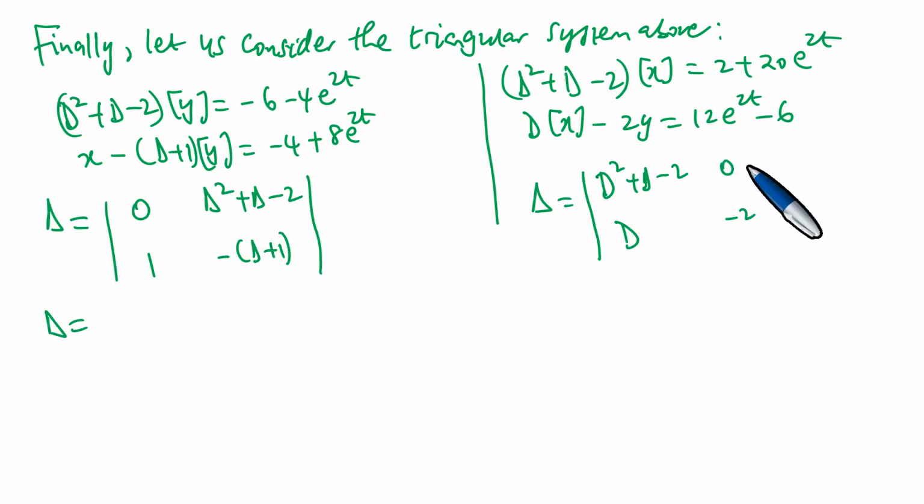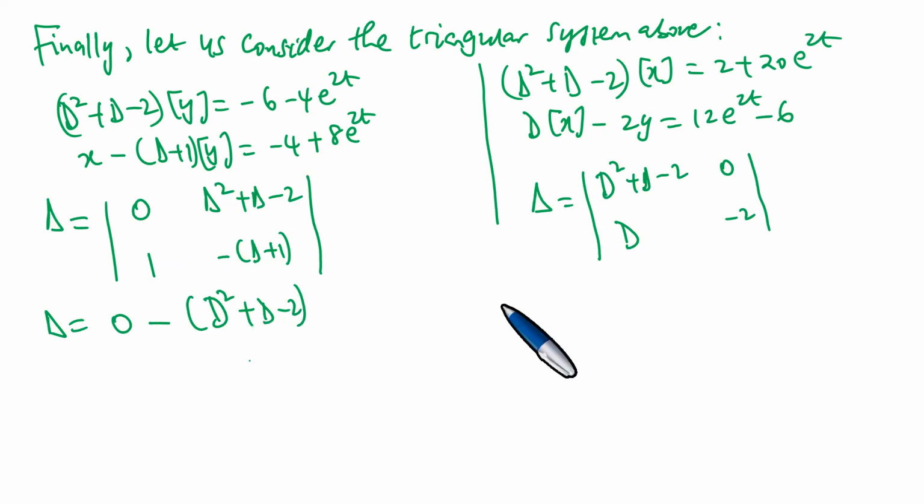Operating on y is this. So at this point, this with that is 0, so that you have 0 minus into the d squared plus d minus 2. Okay, and this is the delta, which is minus d squared minus d plus 2.